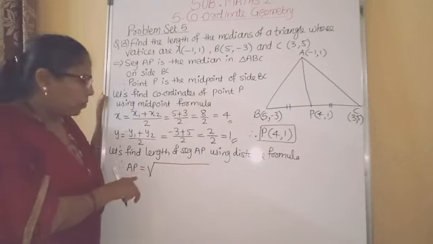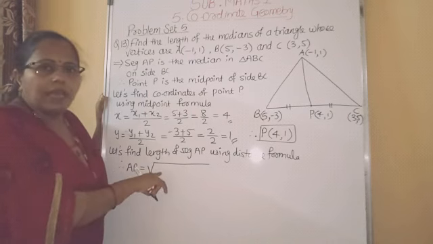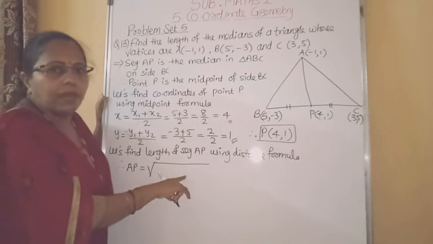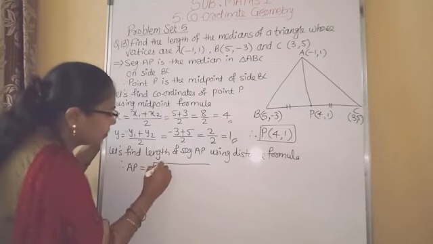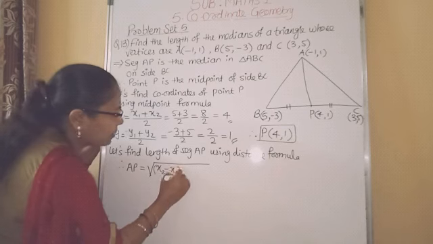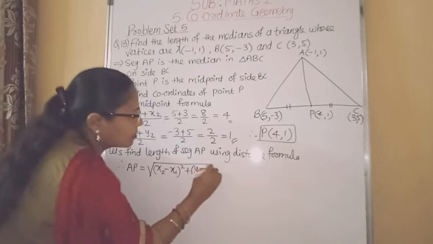Now I hope you understood the formula, distance formula. Square root of (x2 minus x1) square plus (y2 minus y1) square.